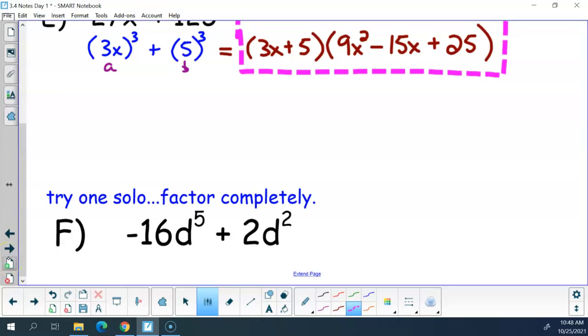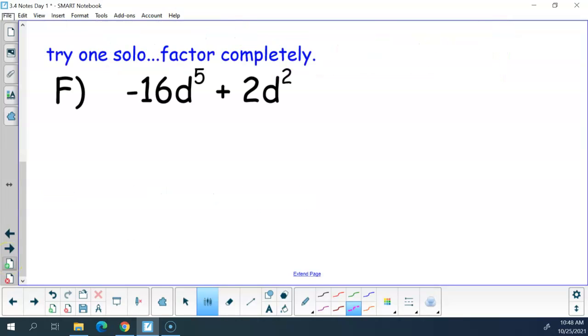I'll get you started on this one because I wanted to get at least one in there where we factor out a negative. Whenever your lead coefficient is negative and you can GCF, you should GCF out at least a negative 1. And we always want our lead coefficients to be positive.